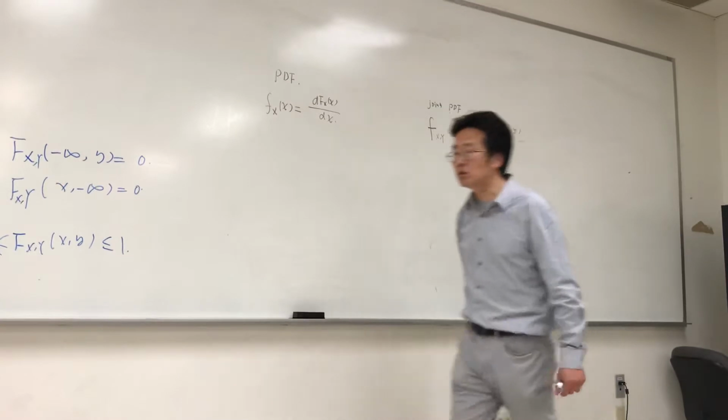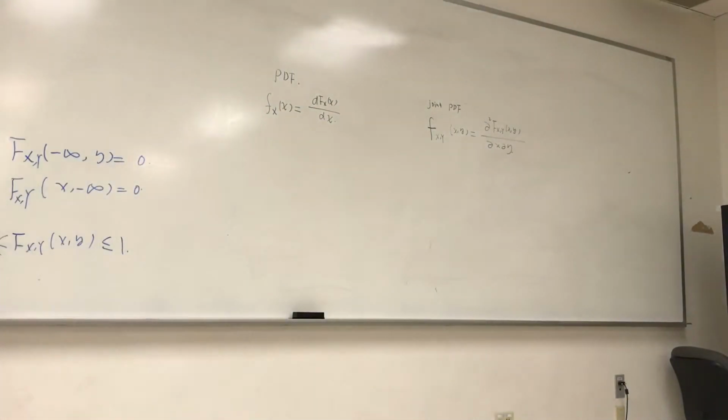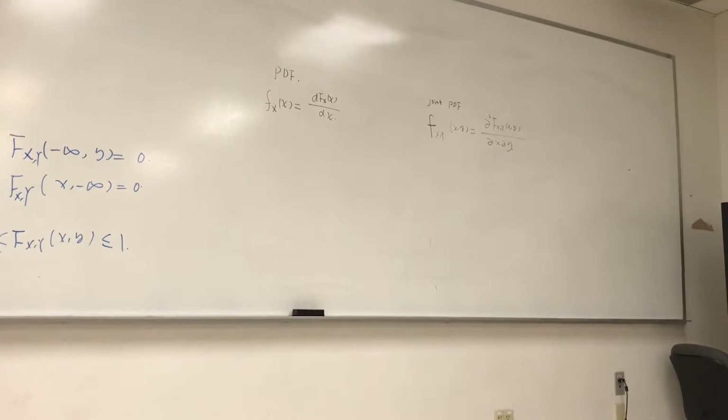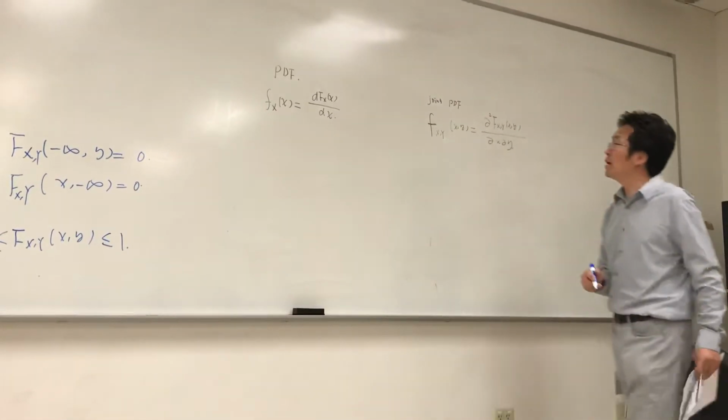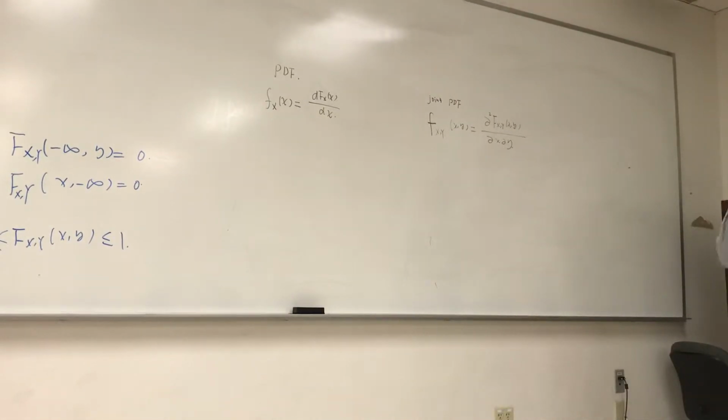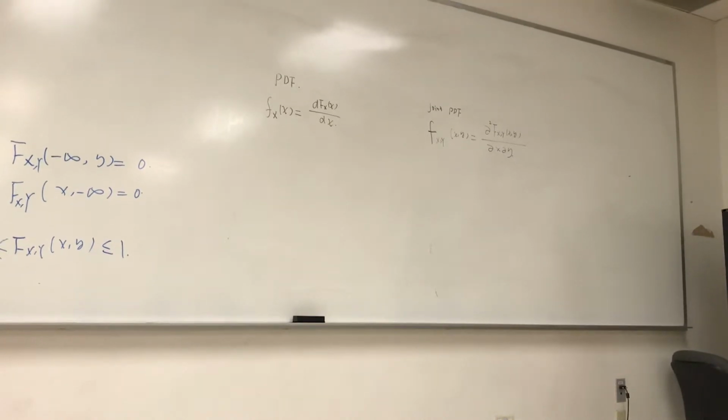So this is the definition of this joint PDF. And we are going to see this will be a much better function to model two random variables.